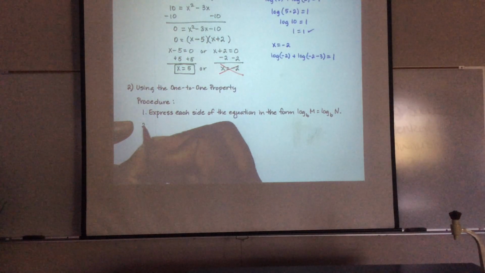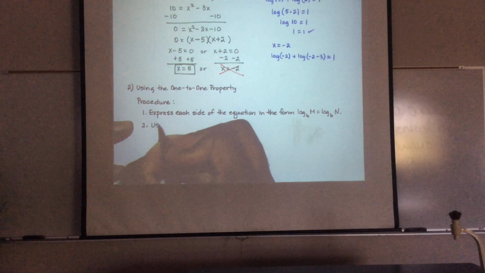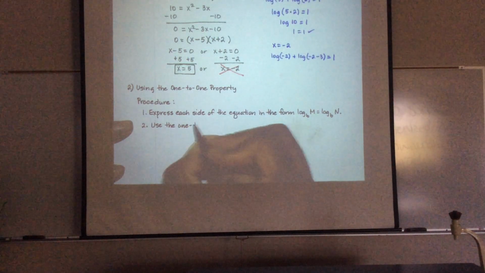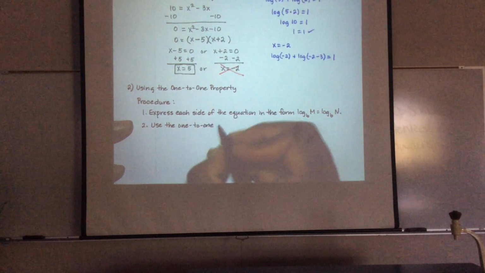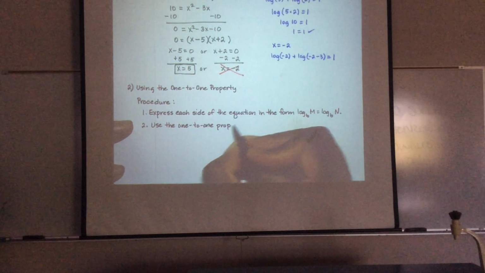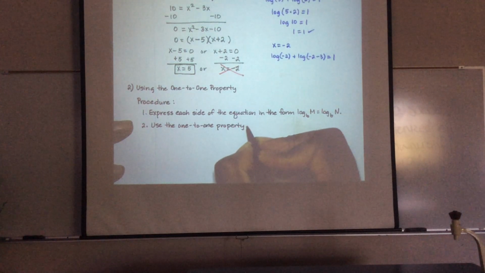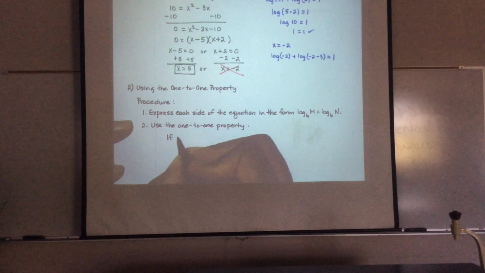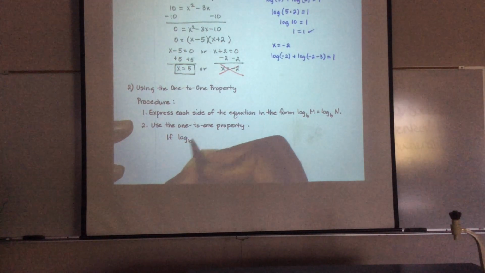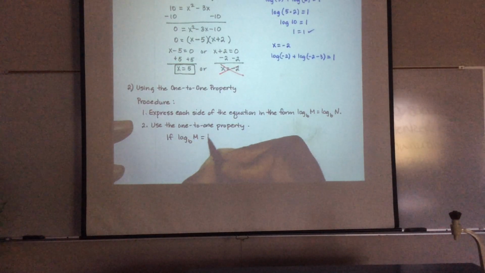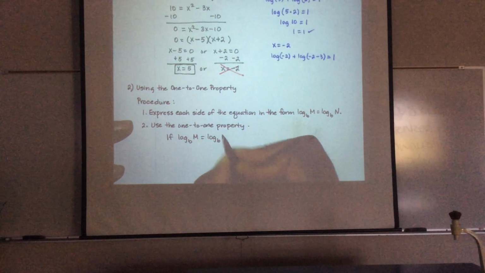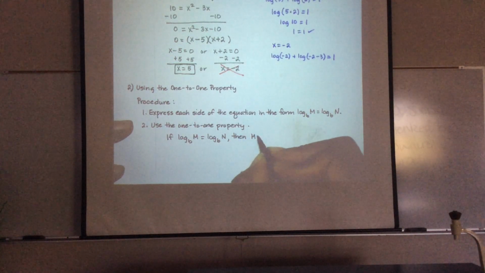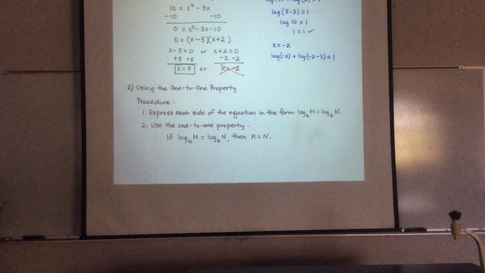And then number two, you're going to use that one-to-one property. The one-to-one property states if log to the base b of m equals log to the base b of n, then m equals n.